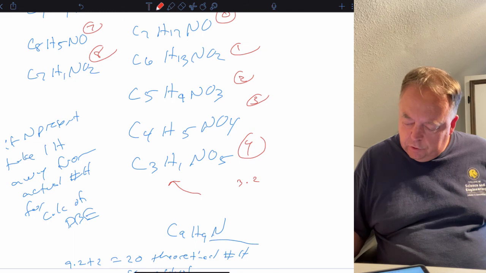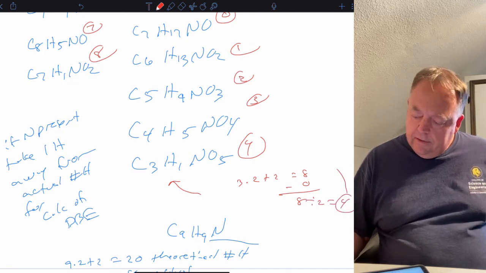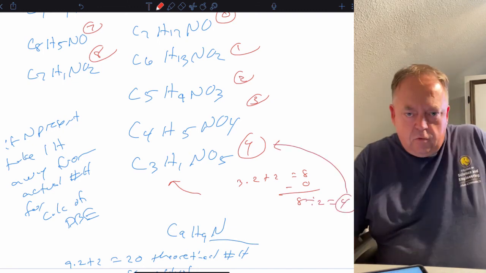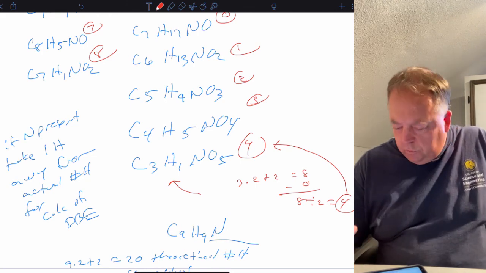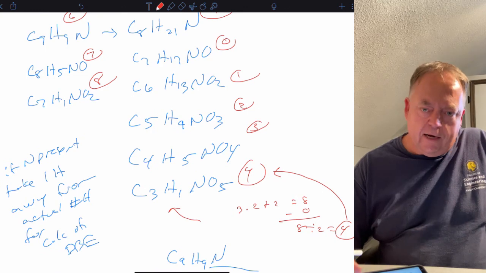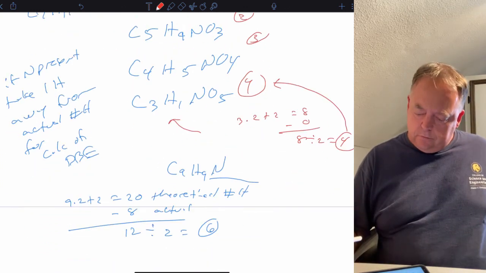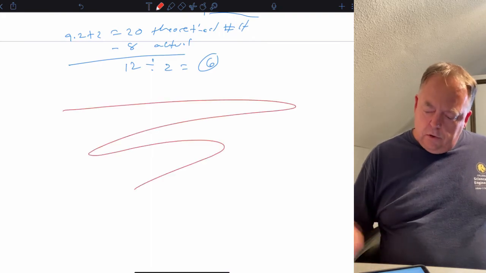So 3 times 2 plus 2 is 8, minus 0 because we took one away, so 8 divided by 2 is equal to 4. So if our double bond equivalencies worked out right, then we know we did not make a mistake somewhere and accidentally subtract the wrong number of hydrogens or forget to subtract a carbon or something like that. Okay, that's all.